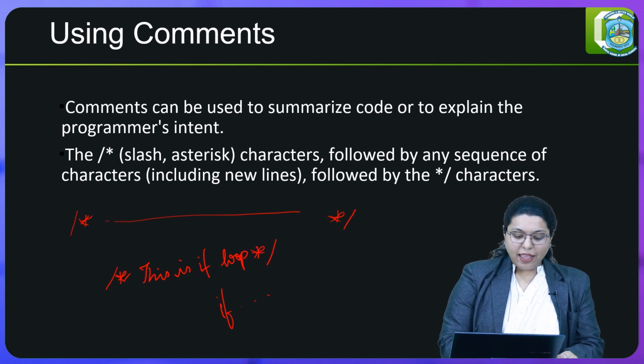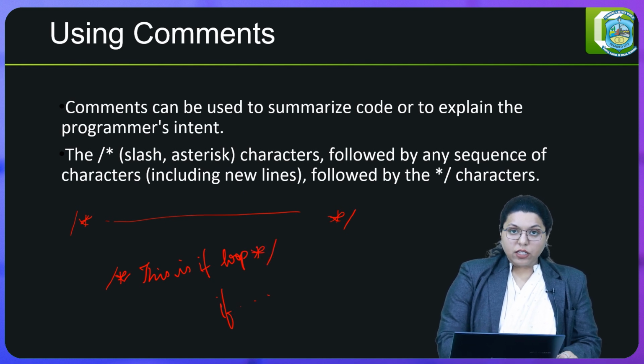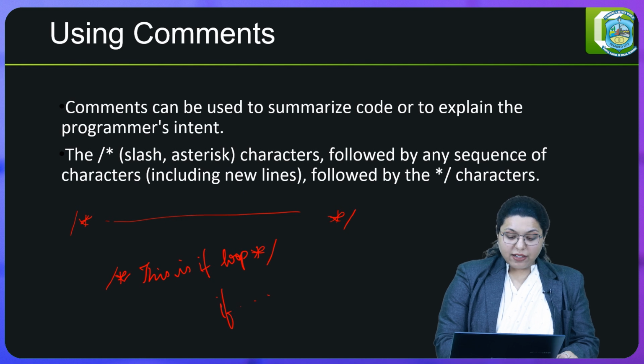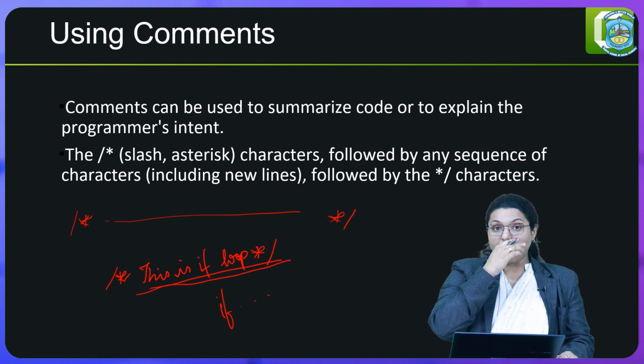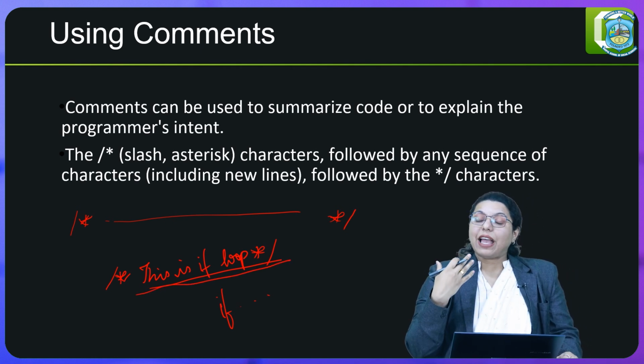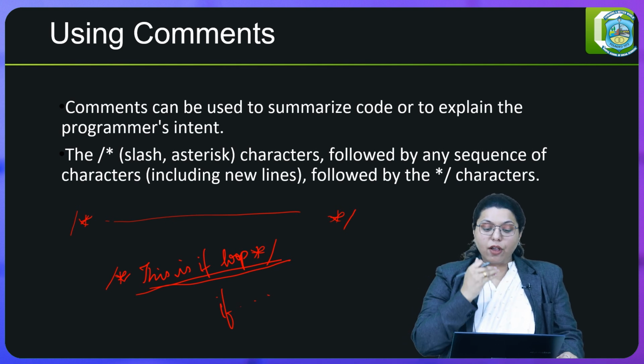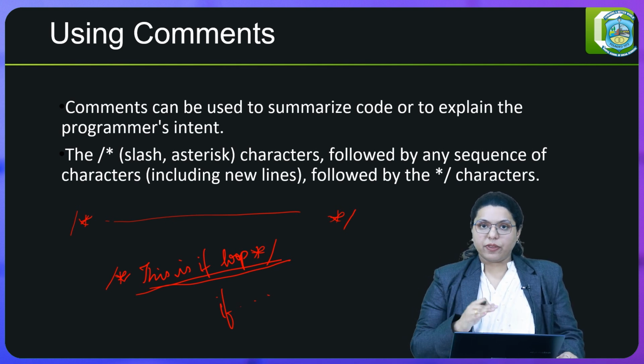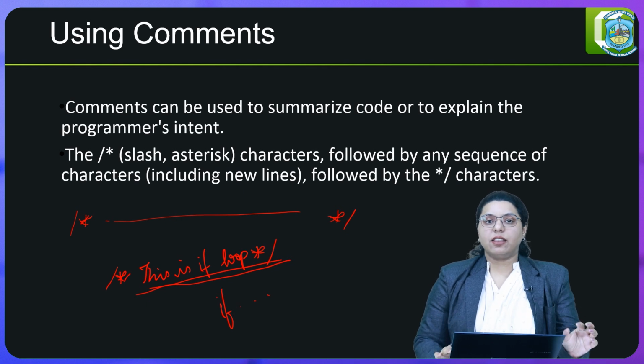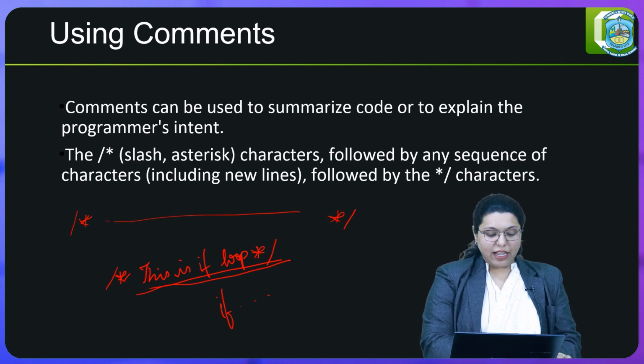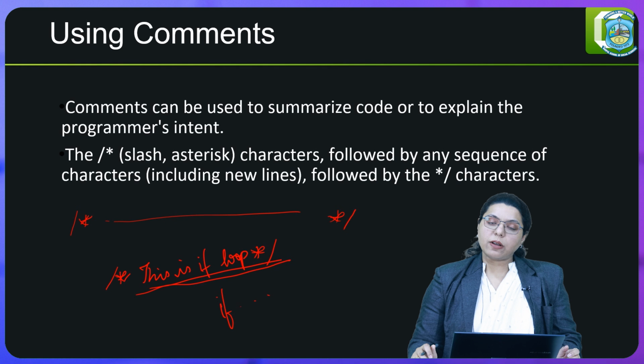Then a third person will be able to understand what this loop is about. So comments are very important to identify the flow of the program and what the steps are, if we want to define it in the English language.